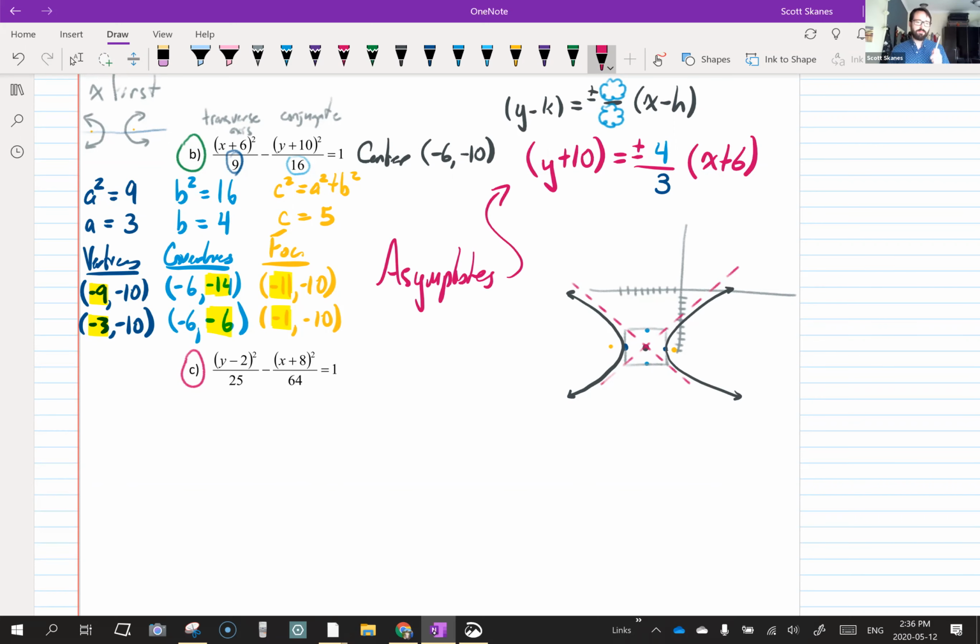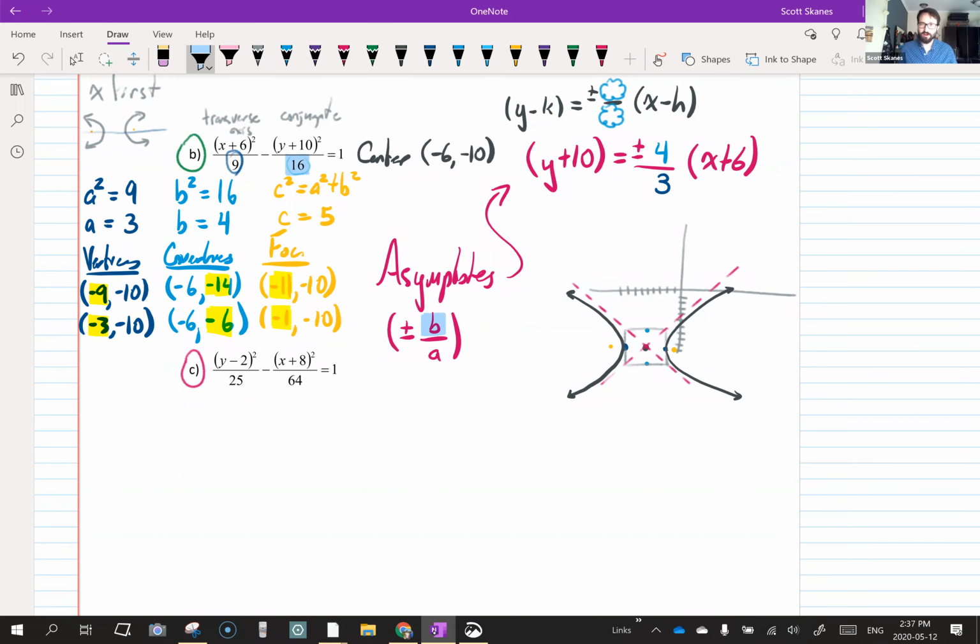Now let me remind you why I was able to get the asymptotes so quickly. The asymptotes in this case were plus or minus b over a. Why was it plus or minus b over a? I'll connect it with colors here. The b is related to the number under the y, just like rise over run.